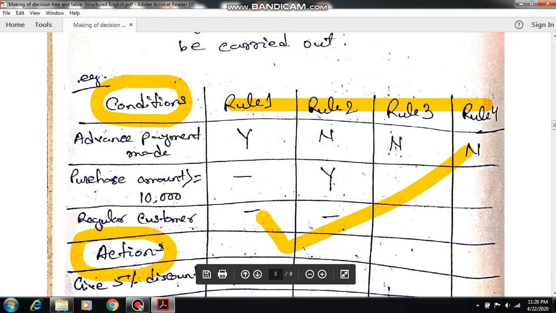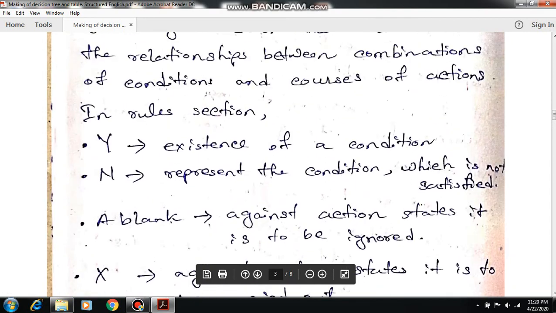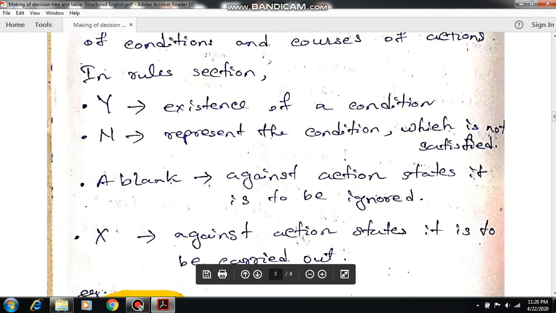Now what is the rule? So here some rules are there. Y defines the existence of the condition. N represents the condition which is not satisfied. A blank against an action stub means it can be ignored. Whatever the action is there, you can ignore this.